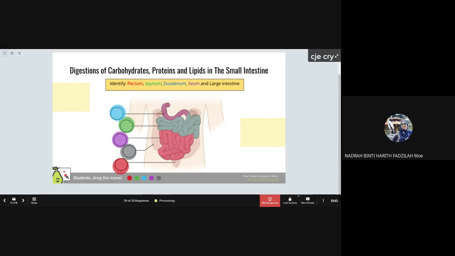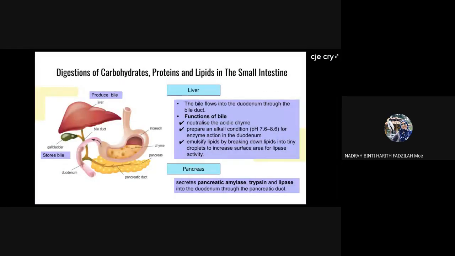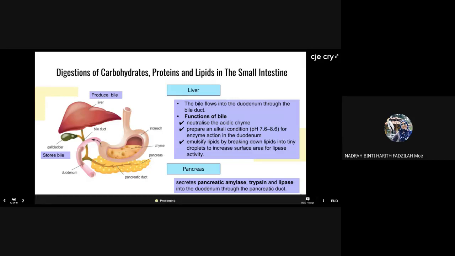Mari kita tengok digestion of carbohydrate, protein and lipid in the small intestine.